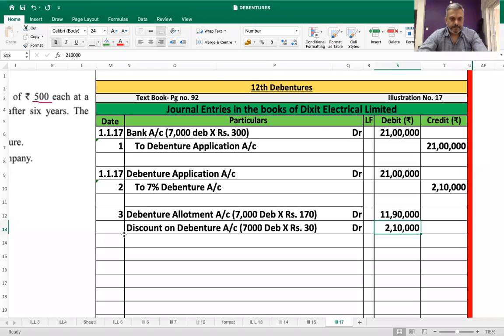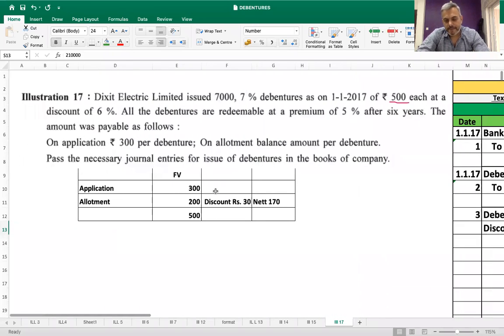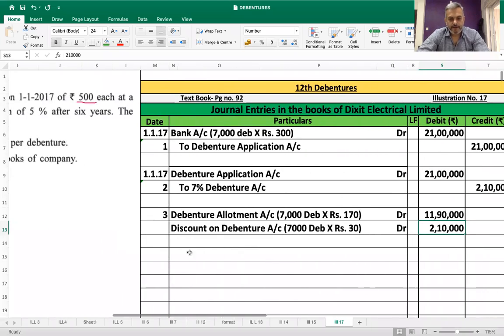Again, premium. We are going to redeem these debentures at a premium, so we have committed.